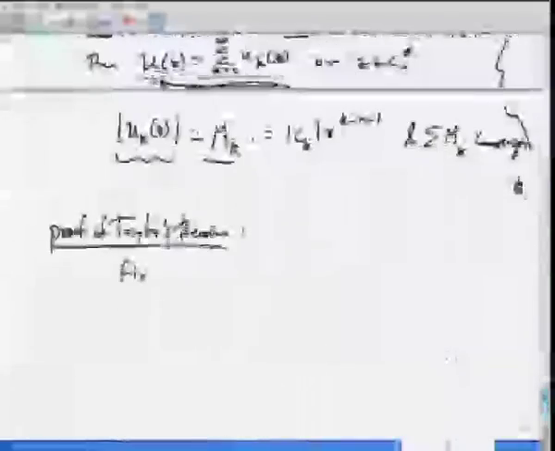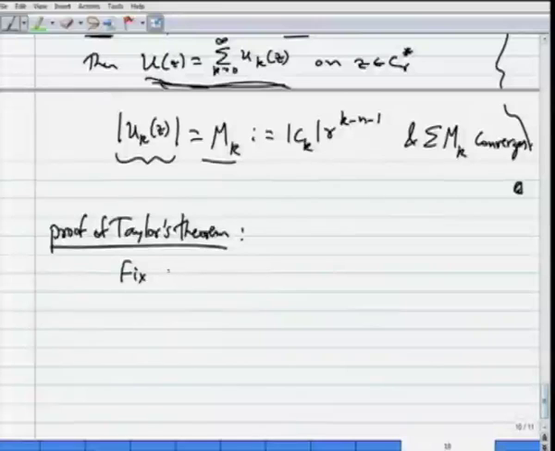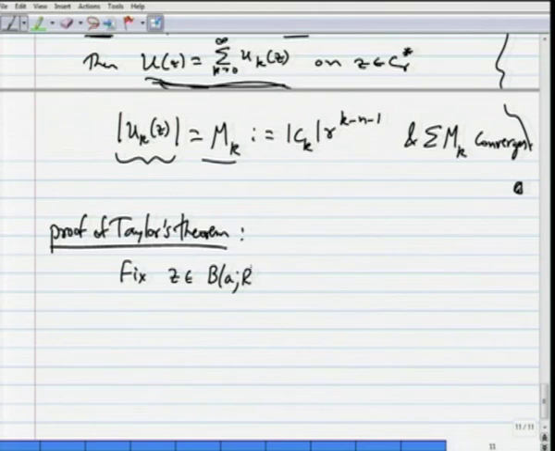So there are several things to prove here. Firstly, you fix a certain z belonging to the disk. What we have to show is that the power series actually converges to f of z. We have to show two functions are equal. So for z belonging to the disk, we have to show that the values of the functions are equal.